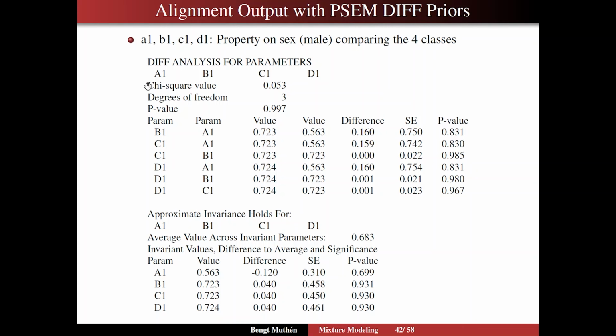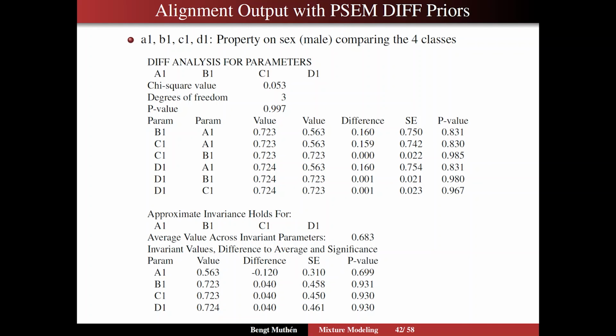Now, first we got a chi-square output here, which is small relative to the degrees of freedom. That is very small class difference in that particular direct effect. So probability is very high that there is no difference. So no significant class differences.